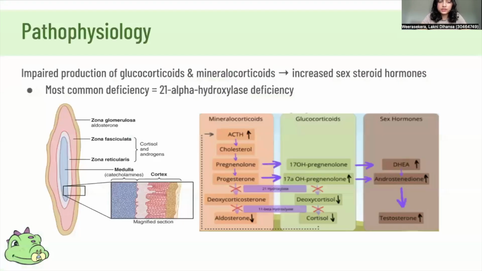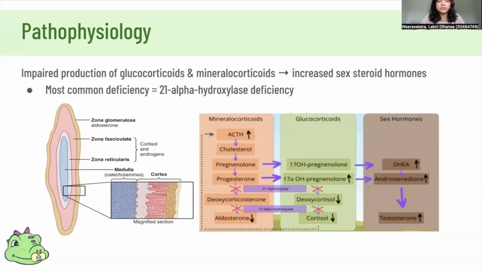So in terms of pathophysiology, the most important thing to note is that the most common deficiency is 21 alpha hydroxylase deficiency, which is a pretty big buzzword. And congenital adrenal hyperplasia is essentially an impaired production of glucocorticoids and mineralocorticoids, which then pushes all the hormone pathways towards producing more sex steroid hormones.